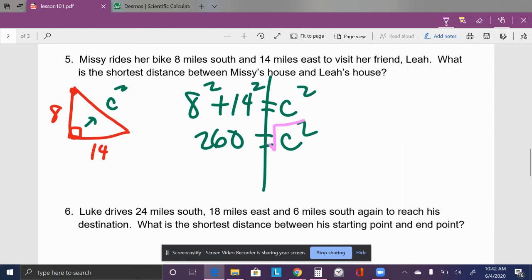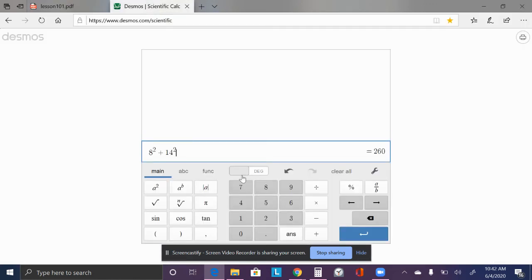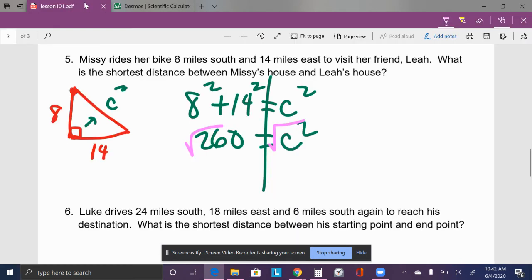Find the square root of both sides. And the square root of 260 is 16.1. That's the distance right here. One more, a little bit trickier one.